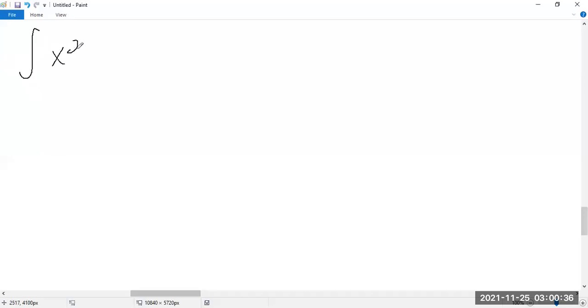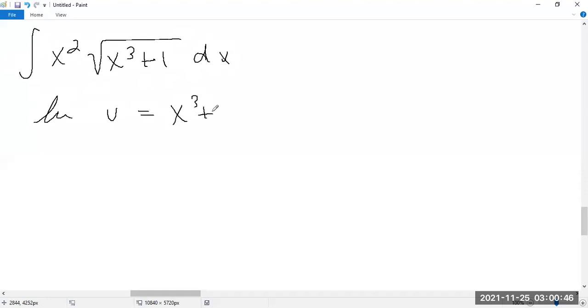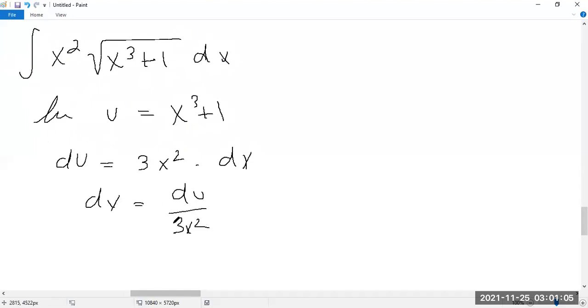So if I have the integral of x squared times the square root of (x cubed plus 1) dx, I will let u equal x cubed plus 1. Then du equals 3x squared times dx, and dx equals du over 3x squared.